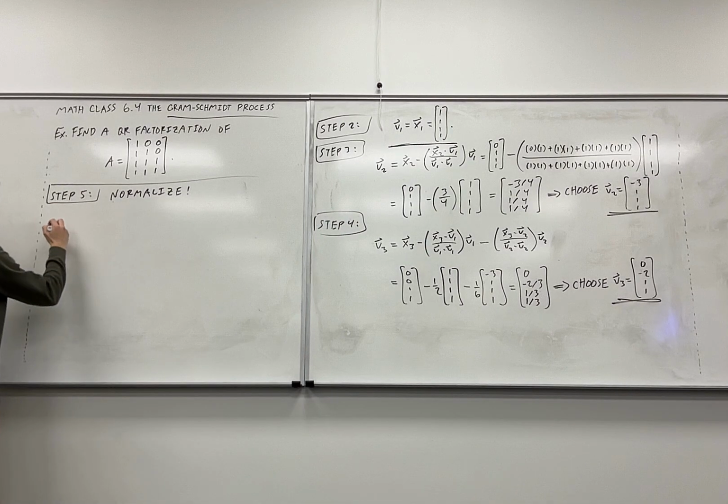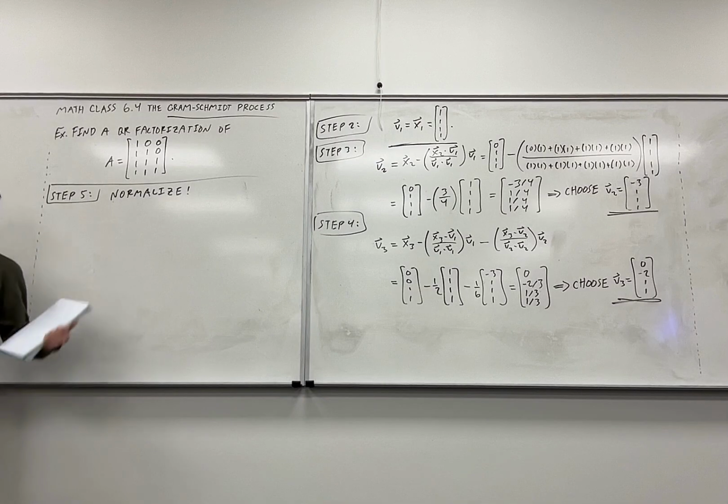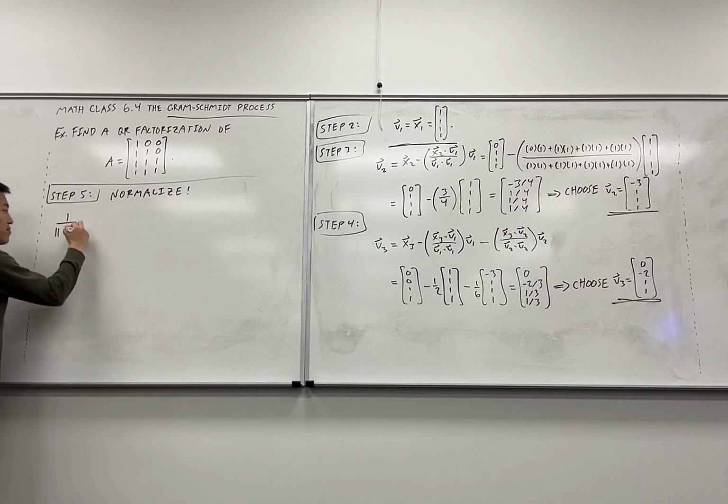I'm going to show you precisely what you need to do whenever you're asked to normalize a vector. You do 1 divided by the length of the vector.